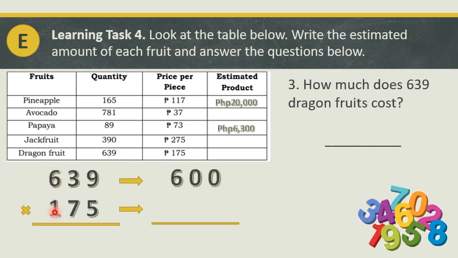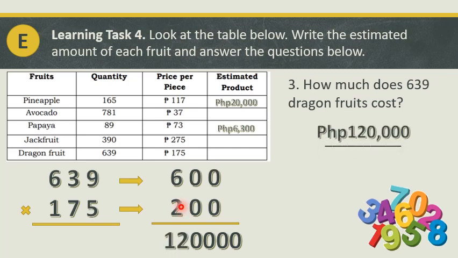Then dito, 1 ang ating rounding digit, ang katabi niya is 7, malaking number, so ito ay magiging 2. So, kaya 200. Then bilangin natin yung 0, so 1, 2, 3, 4. Then 6 times 2 is 12. Kaya ang ating cost dito is 120,000 pesos. So, ang laki ng puhunan para sa dragon fruit.